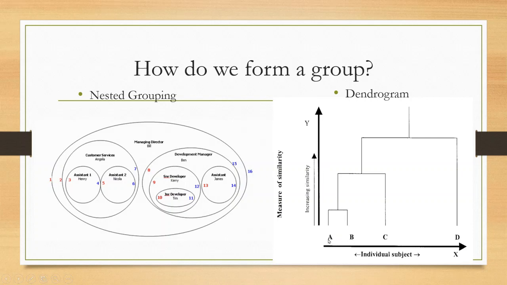So the objects A and B will increase similarity to form a cluster. This will be considered as a single cluster here. It's a small cluster. Then when we go upwards and we join A, B to C, then it's now one cluster, and so on.